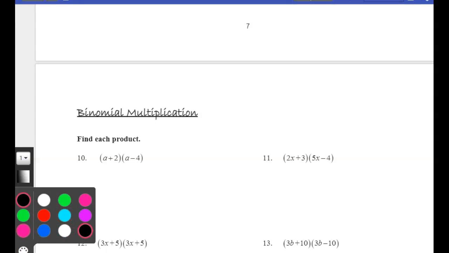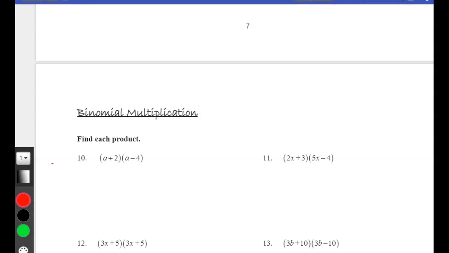Down here, now you're going to be taking those things, and some people call it the FOIL method, which is first, outer, inner, last. So you multiply the first terms. So a times a is a squared.